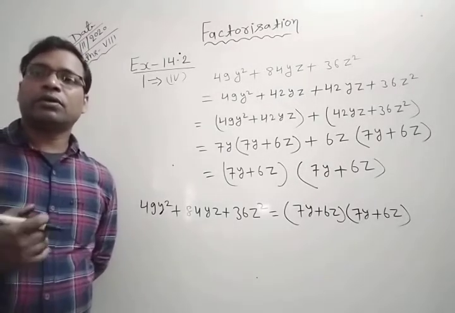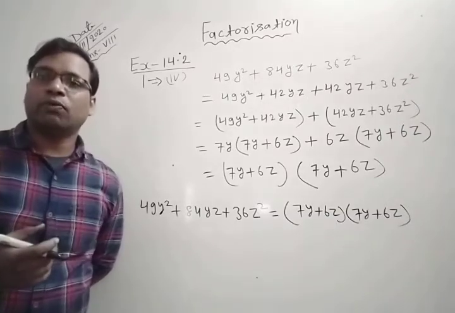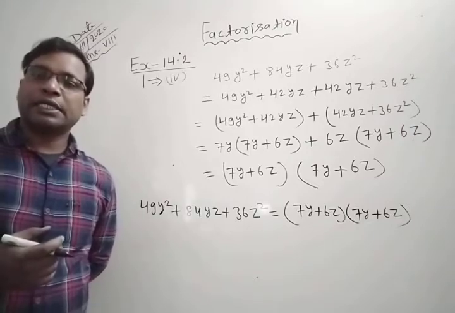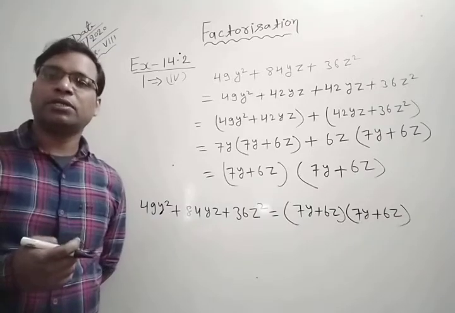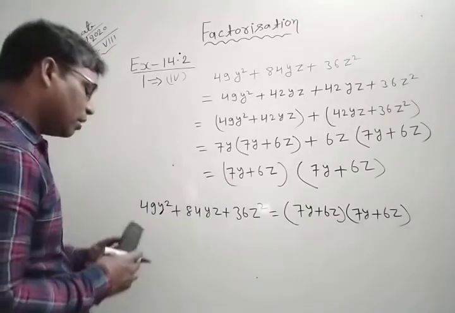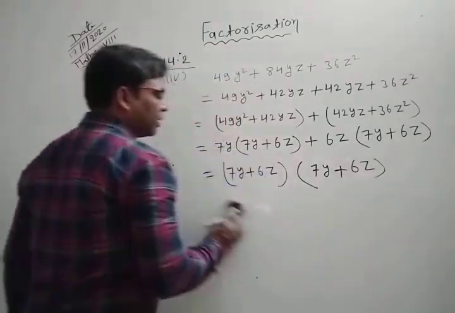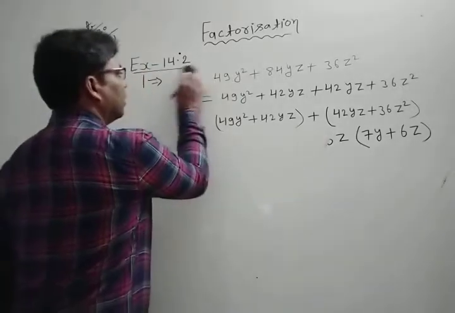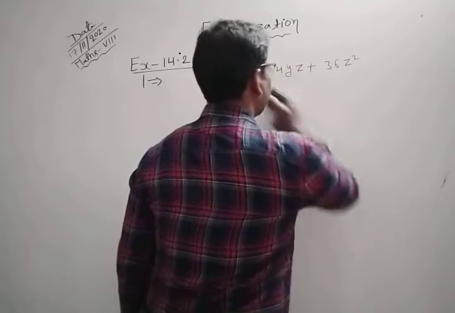Now we are going to discuss the fifth part of question number 1. What is the fifth part? Fifth part of question number 1 is 4x square minus 8x plus 4. So let's see how to factorize the fifth part, 4x square minus 8x plus 4. Okay, so first we erase this part.